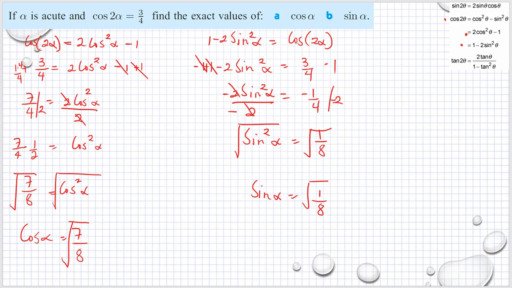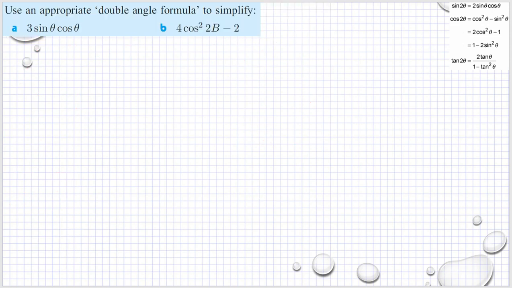Okay, next, use an appropriate double angle formula to simplify 3 times 2 sine theta cosine theta.